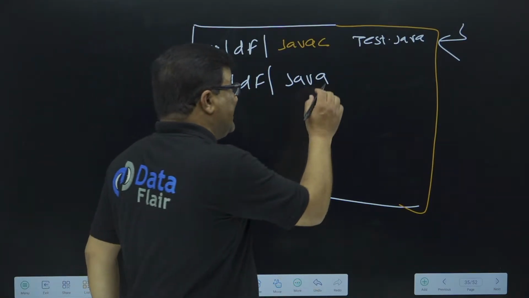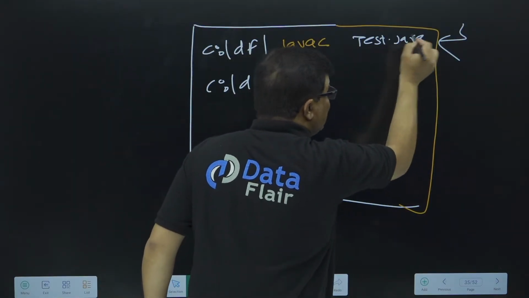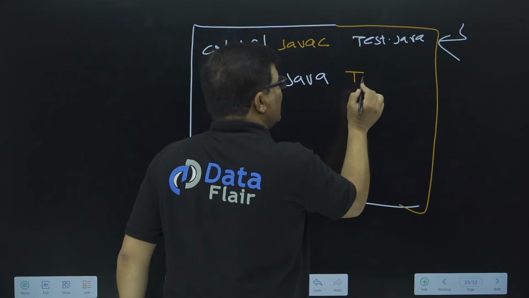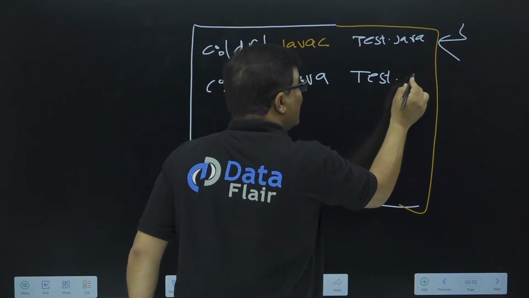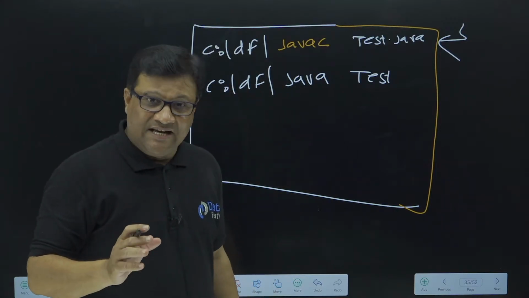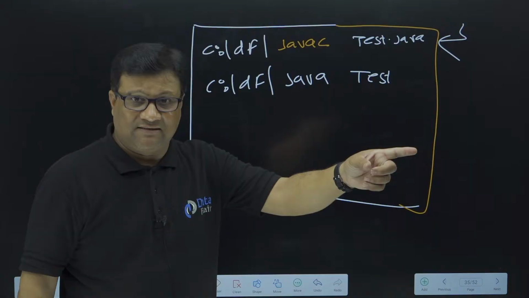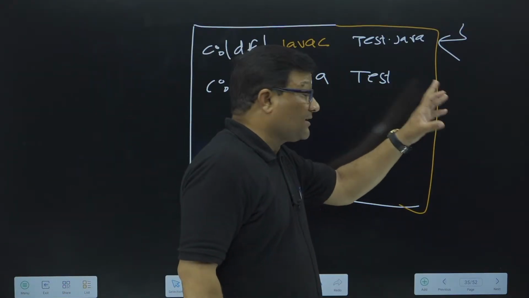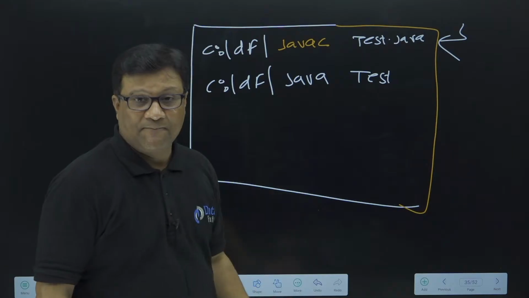To compile a Java program, we simply write javac test.java, but to run it, we simply write java test. No need to use the .class extension, because the JVM is smart software. The JVM only executes a file whose extension is .class, so simply write java test.